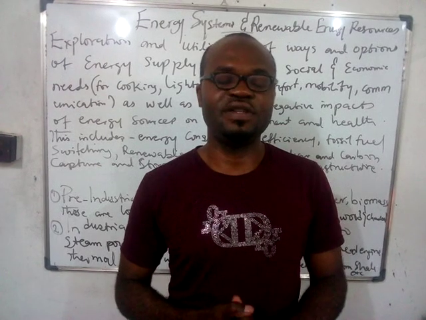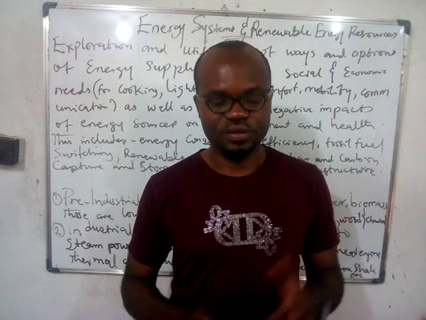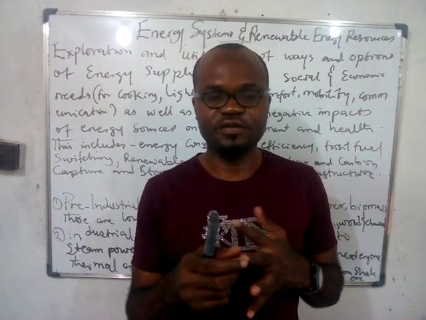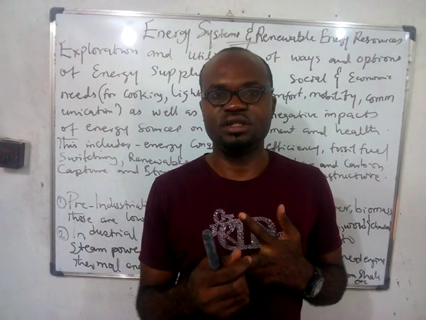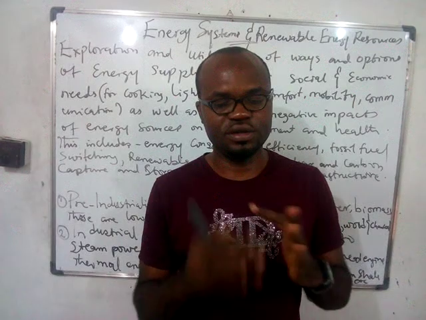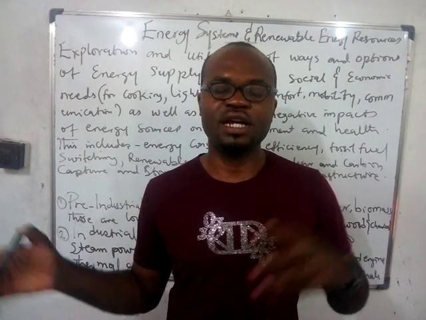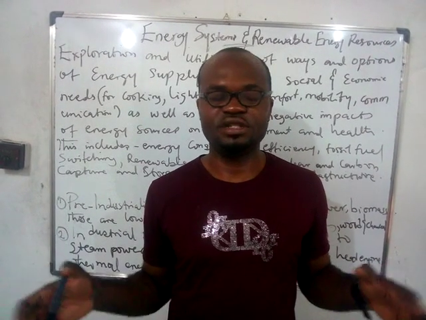And those types of energy are what we call renewable energy. So we'll talk about solar energy, energy from wind, biological energy from biomass, and other forms. We're going to be examining all these forms of energy and the way we can use them to produce more energy in Africa, in Nigeria in particular.